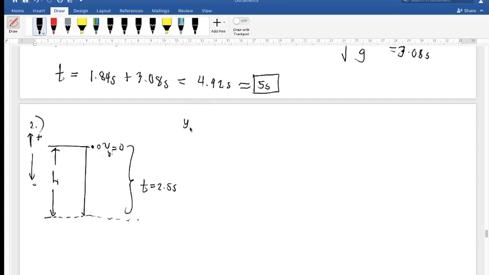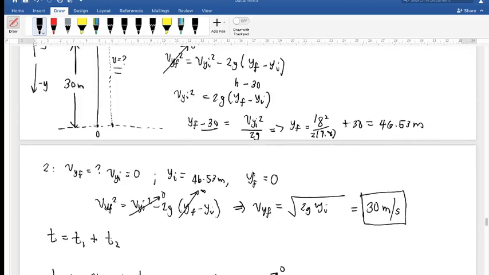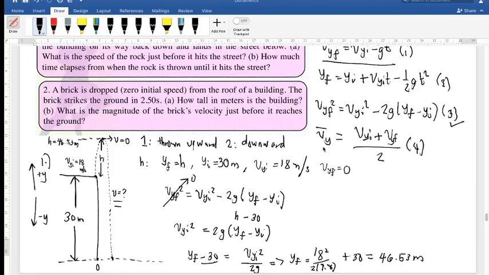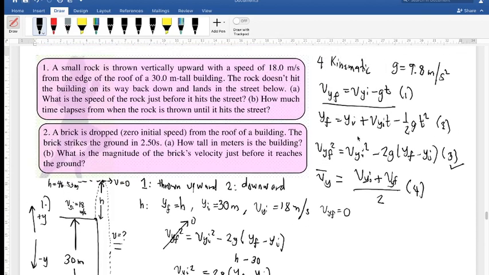So therefore, yung initial position ng brick mo is 0. Ang yung initial velocity is 0 kasi at rest siya. Tapos wala tayong vyf. Okay? Pero may time tayo na 2.5 seconds. So what equation will you use? Okay?